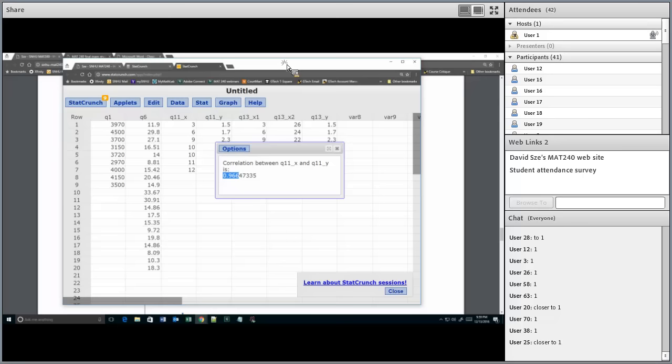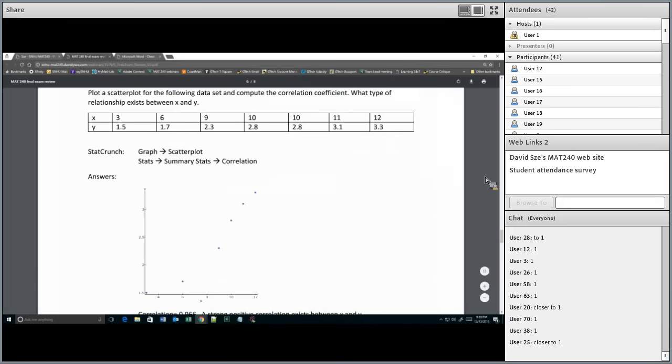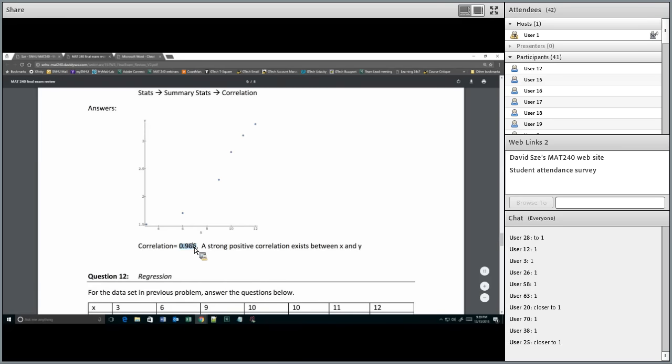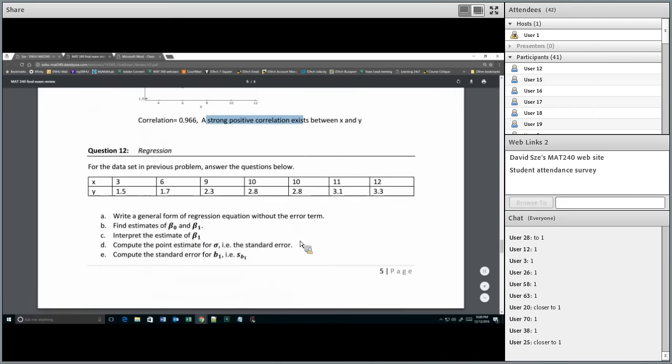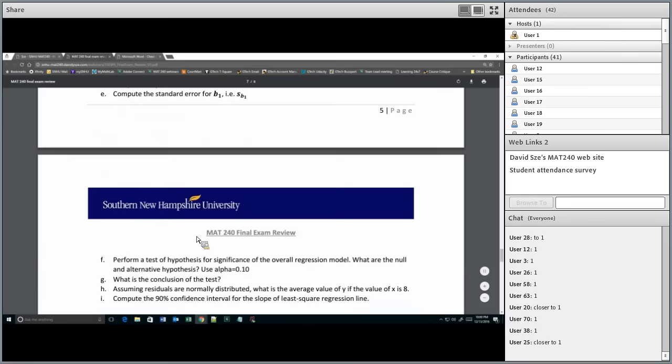And this signifies that there is a positive correlation. As x increases, y increases, and that's what we saw in the graph. Okay, so again, the directions are given here, how to do this, and the answer is here. So this was the graph, and it's 0.966. So you have a strong positive correlation between x and y. Okay, so this was a very simple problem, I think.